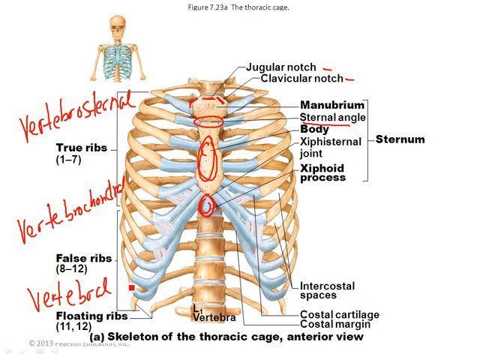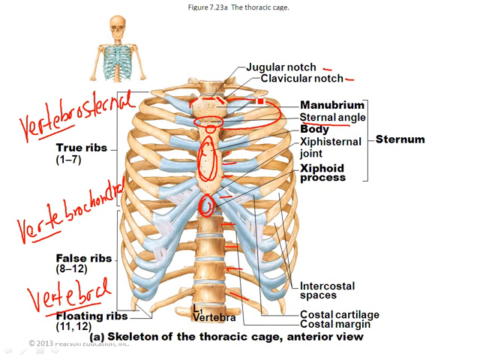So vertebrosternal, vertebrochondral, and vertebral. Now, the reason I like these terms is they tell you what they are. They tell you where they are. The vertebrosternal ribs, you'll notice these ribs go all the way from the sternum all the way back around to the vertebral column. So vertebra is the beginning of every one of these words. So all the ribs start on the vertebral column, okay?